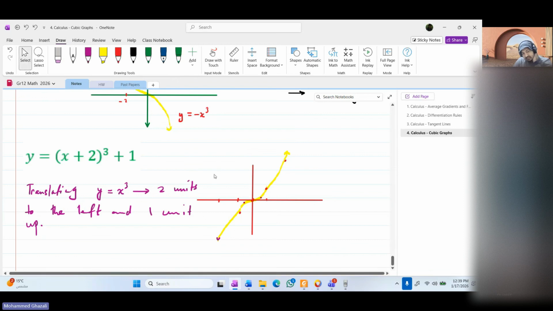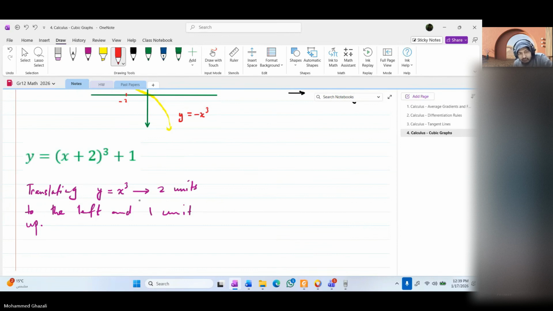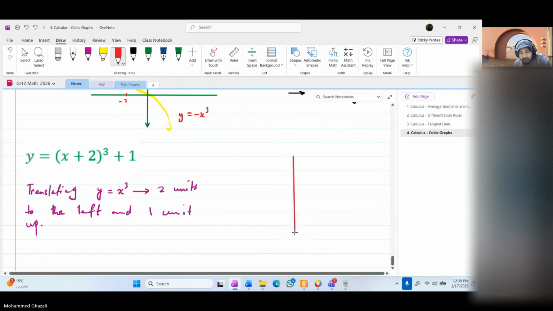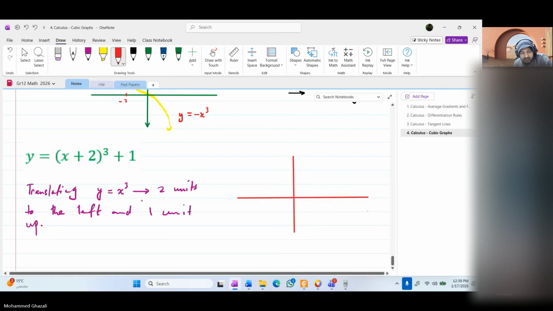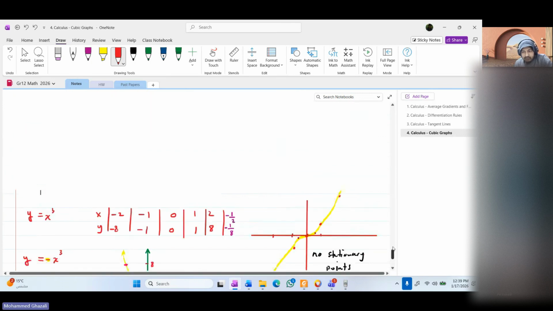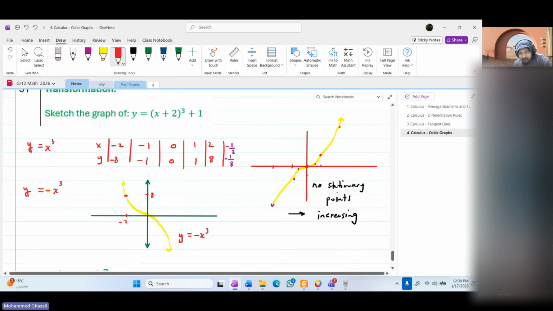So let's take this out and use transformation to sketch, right? Before, if you're looking at this function here, it was 0, 0.